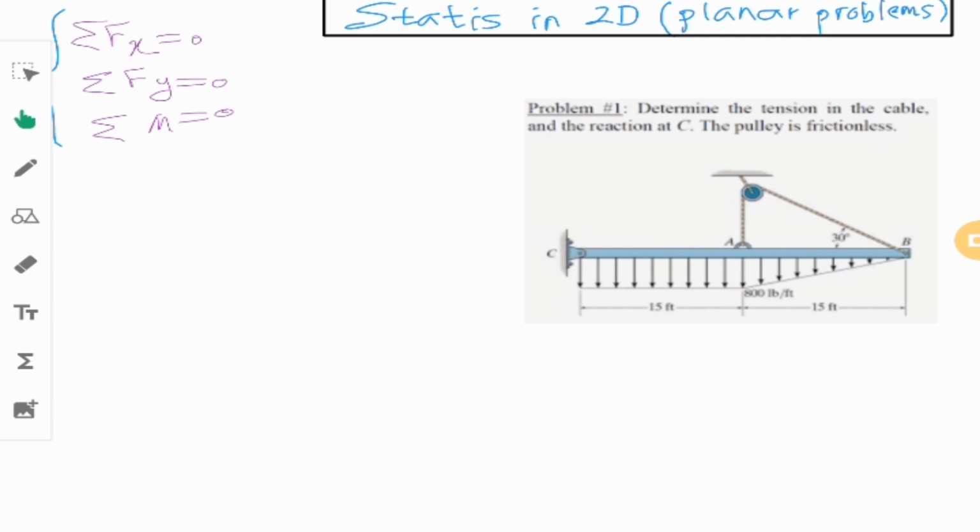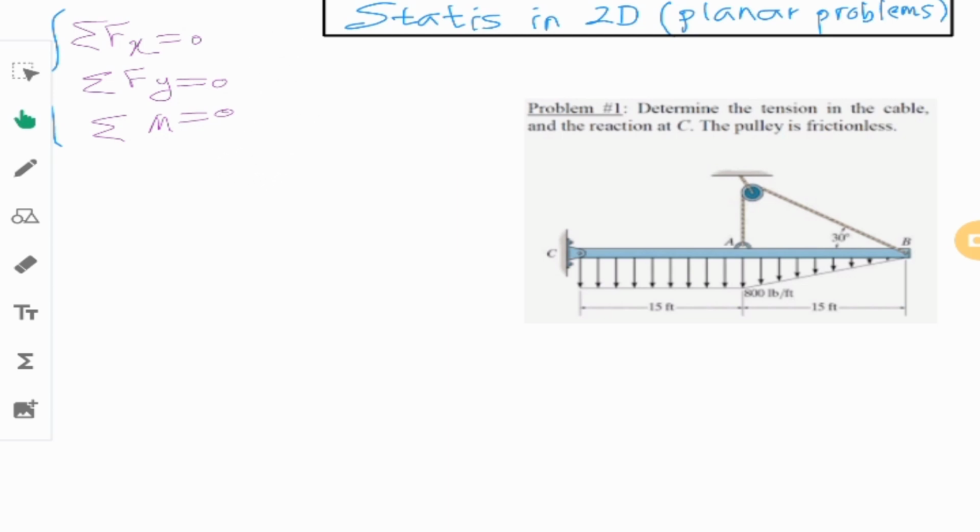Generally, when we are dealing with static problems in 2D, we have three main equations, and as you can see, we have sigma Fx, sigma Fy, and sigma M equal to 0. We have three equations, and you should know that at most we can have three unknowns.